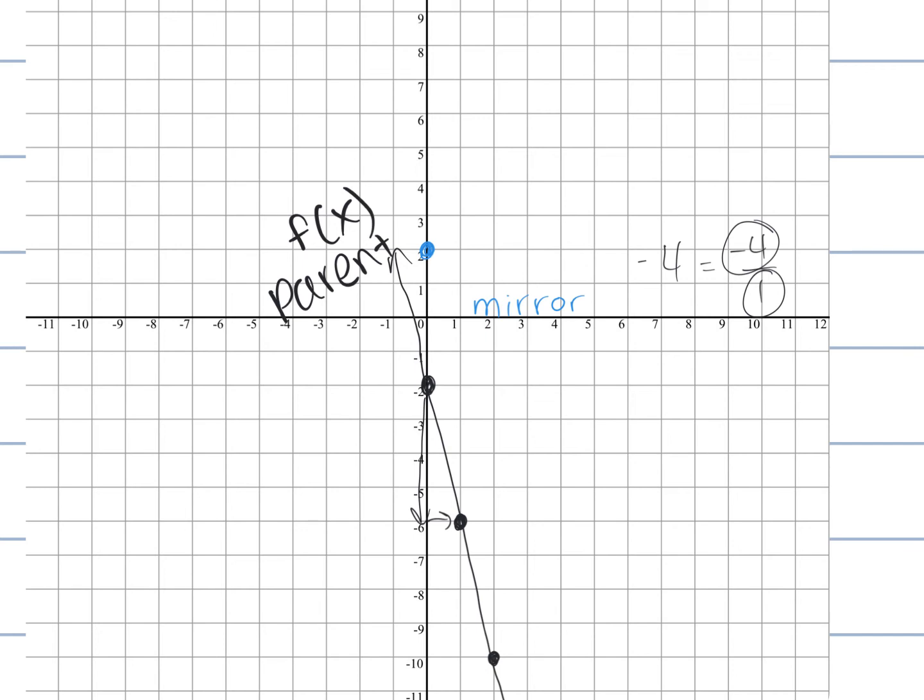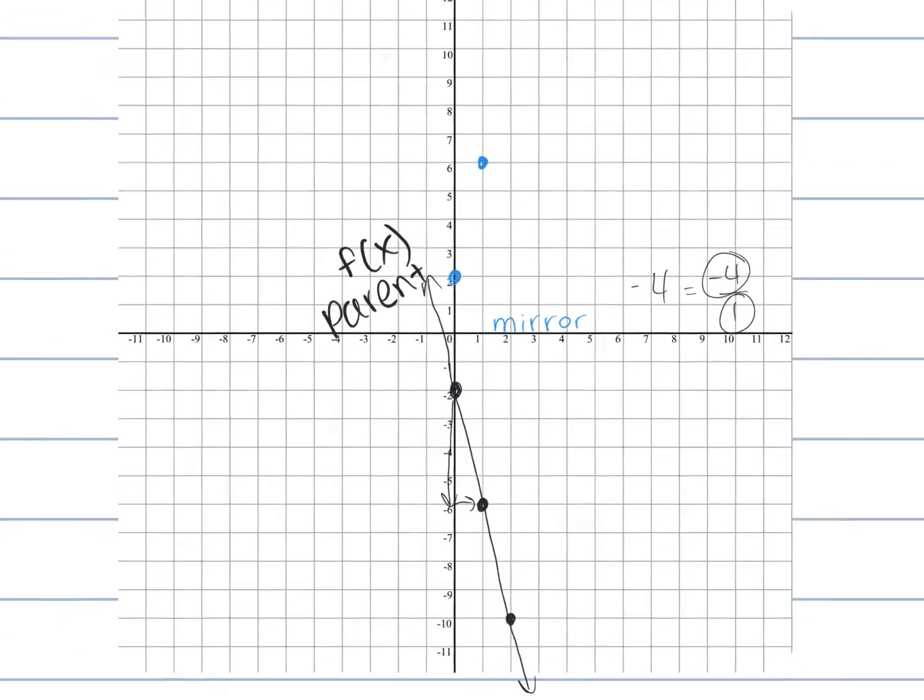What about 1, -6? Where would that get reflected to? Andrea? 1, 6. Excellent. And what about 2, -10? Christian? 2, 10. Very good.